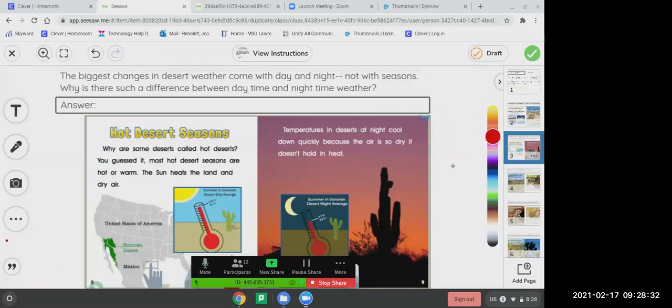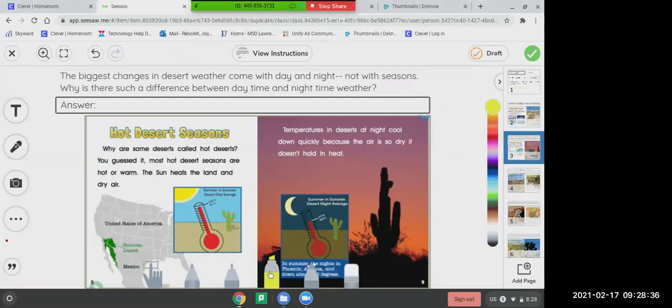On slide number 3, we have a question, and we're looking for text evidence. It says the biggest changes in the desert weather come with day and night, not with seasons. I'm thinking about how that's different than a temperate region. We do have 4 different seasons.